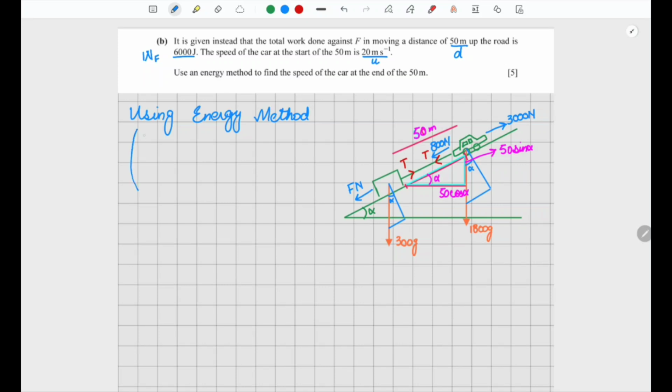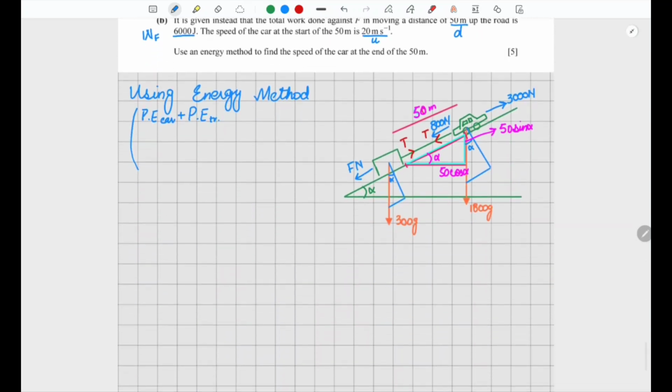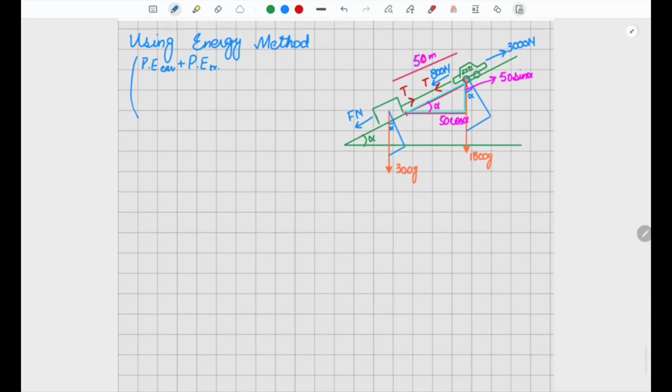The potential energy of the car plus the potential energy of the trailer before must be equal to the potential energy of the car plus the potential energy of the trailer after.